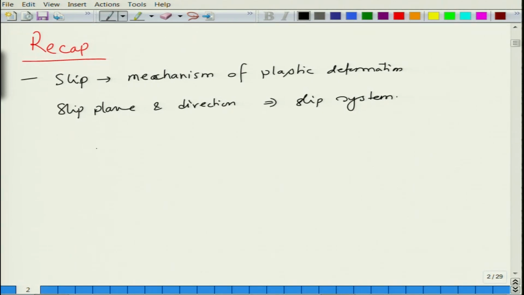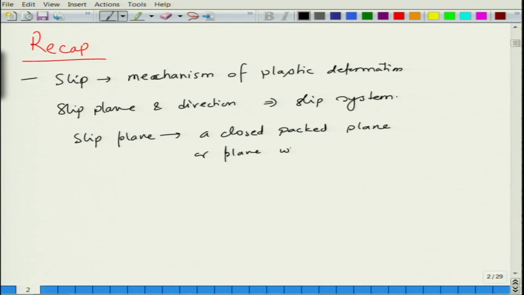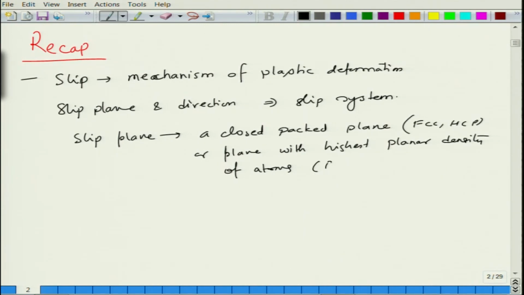We looked at the various characteristics of the slip plane. The slip plane is generally a close packed plane for solids which are close packed, or a plane with the highest planar density of atoms. So, if you have an FCC or HCP system, then you have a close packed plane, but if you have BCC, simple cubic, etc., then you will have the plane with the highest density.